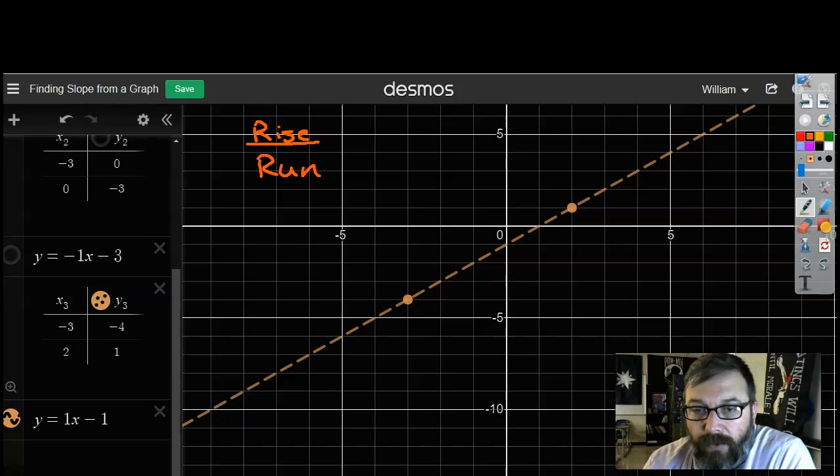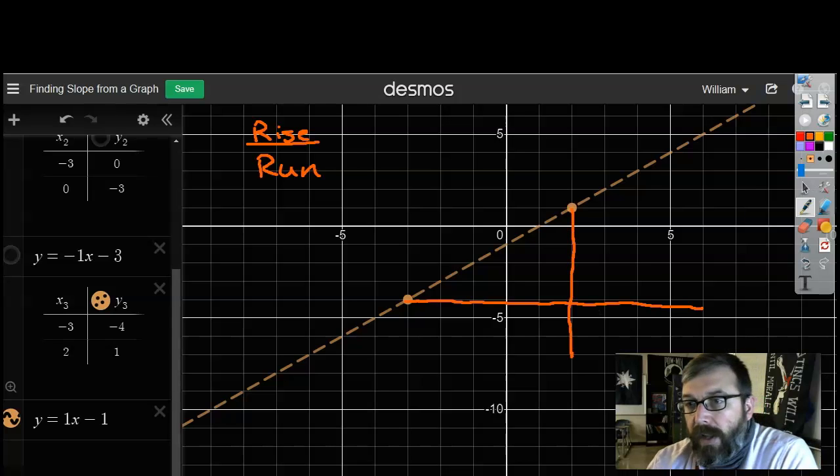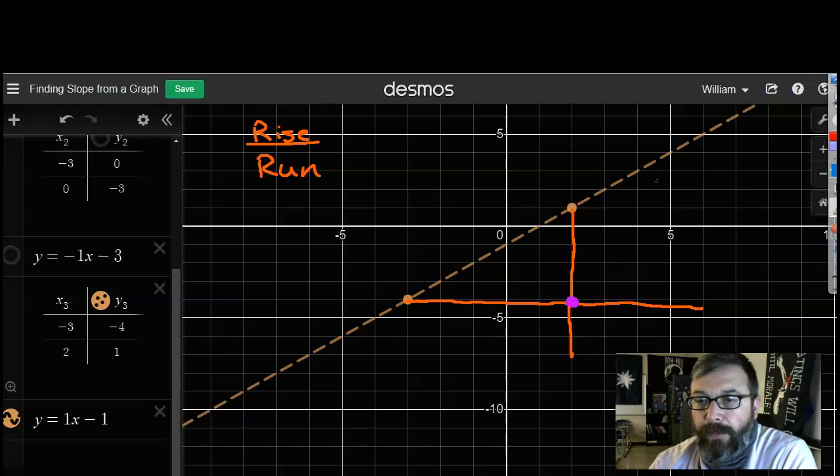I'm going to first draw my horizontal line this time because it doesn't make sense to go up or down. And then I'm going to draw my vertical line. And where the 2 shall meet, that's where I'm counting to. So this time I'm going to be finding run first. 1, 2, 3, 4, 5.